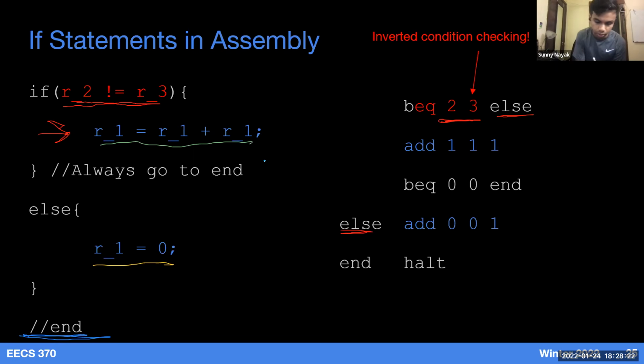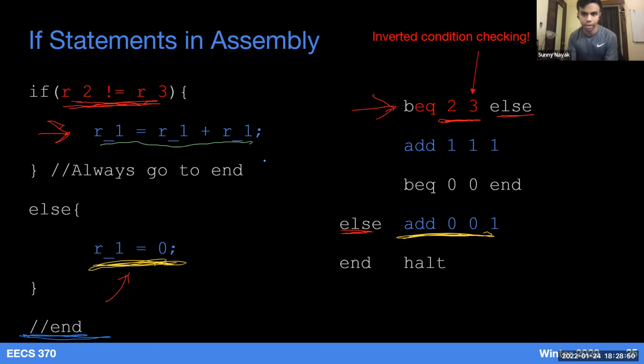So if these are not equal to each other, recall, then the code that we want, if this evaluates to true, which means that they are equal to each other, the code that we want to execute is right here, this yellow code. And so the code that we're going to put at the else block here is going to correlate to the yellow segment here.